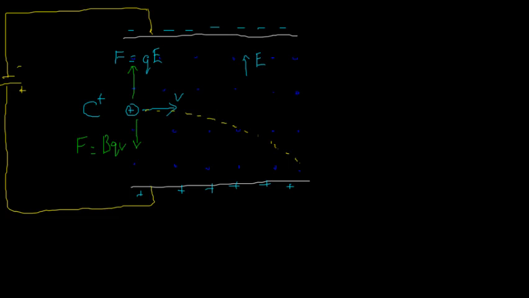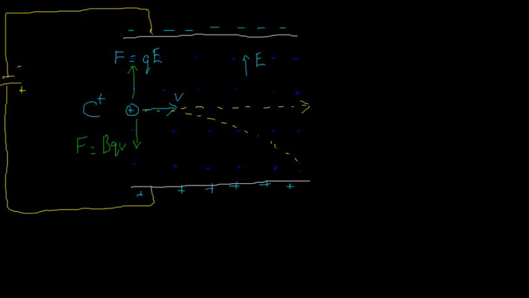Right? And in fact, that's exactly what I hope to achieve. I want this particle to just go straight. So how can I cancel? Well, what happens when I choose the voltage that cancels the magnetic force?